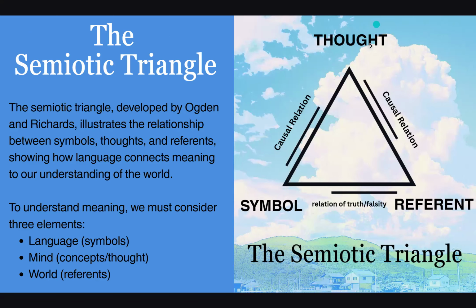You know that the top of the triangle is what Ogden and Richards called thought. This reflects the fact that language comes from human beings and is therefore ultimately a product of processes in the mind or brain.